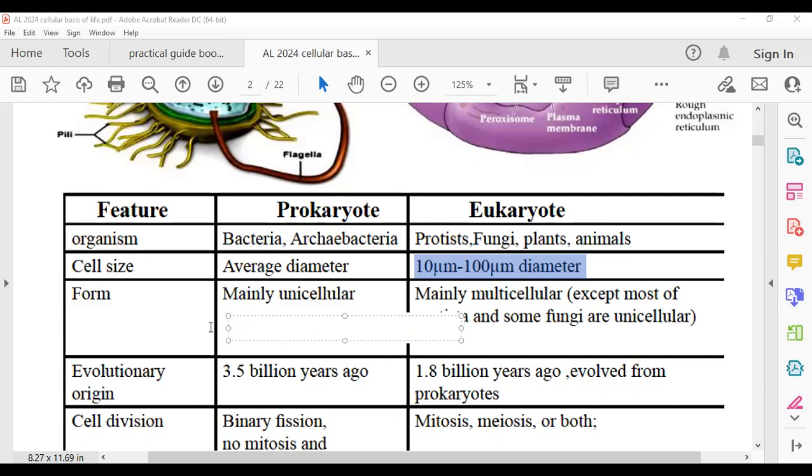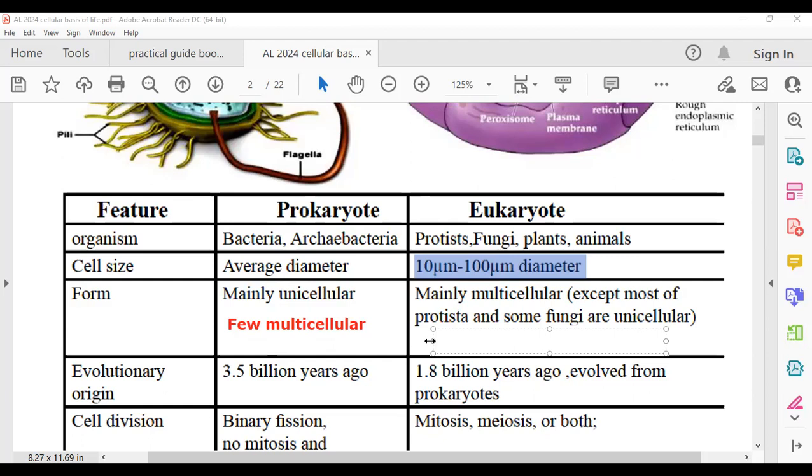Third one, form. Mainly prokaryotes are in what form? Majorly unicellular, a few multicellular. Here on the other side, mainly multicellular, a few unicellular.